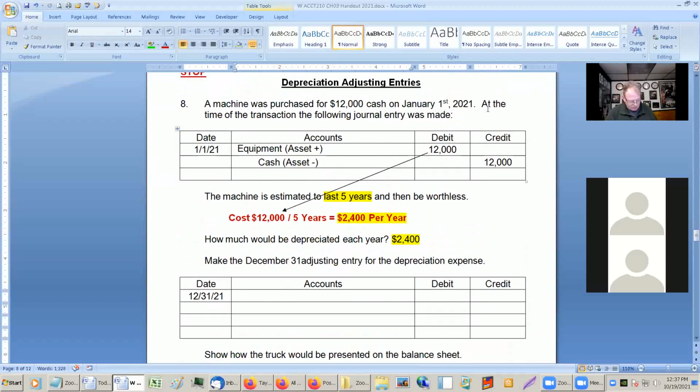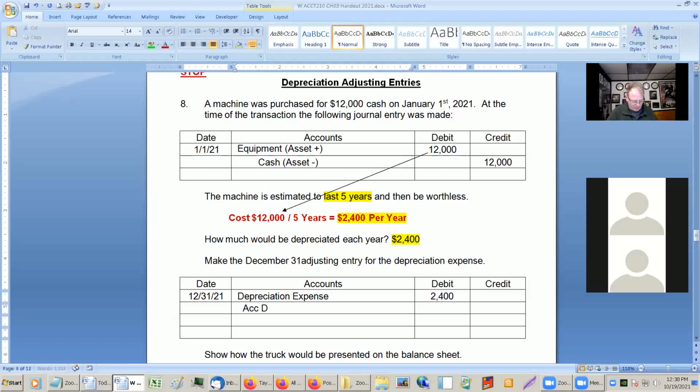Okay, so DE, and then down here we have AD. So this is depreciation expense. And we're going to depreciate 2,400 of this thing.